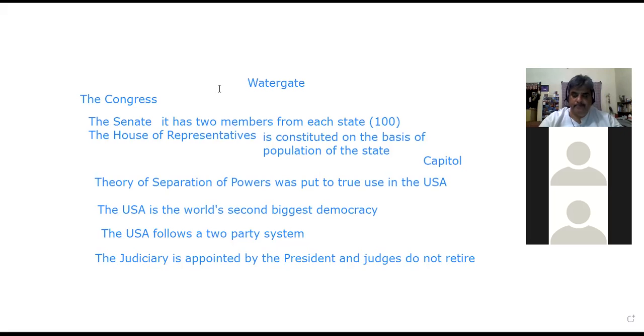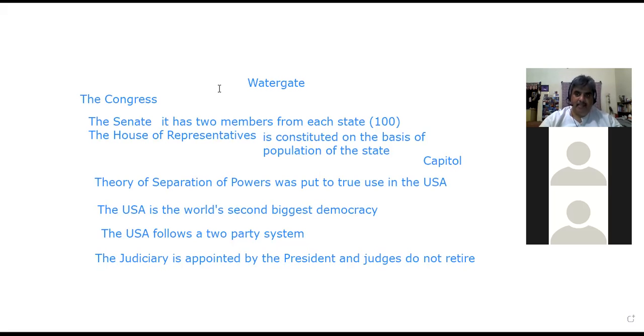And he realized that he would be impeached. Okay. And so what he did is he resigned before the impeachment actually happened. So technically, no president has been impeached.